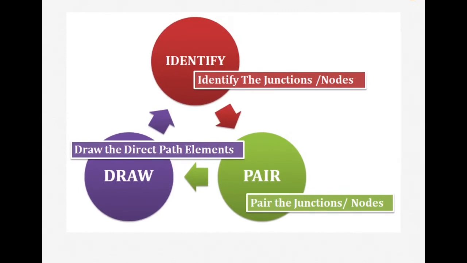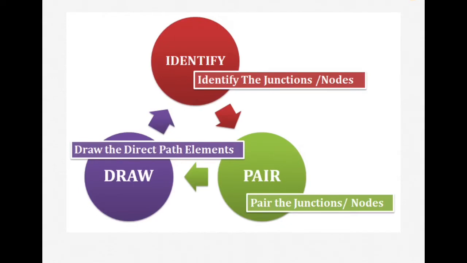The first step is to identify the junctions or nodes in the circuit and name them. The second step is pairing of those junctions. And the last step is to draw the direct path elements in between each pair of these junctions.